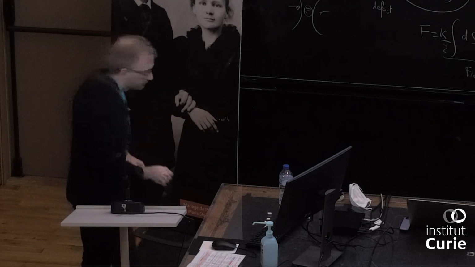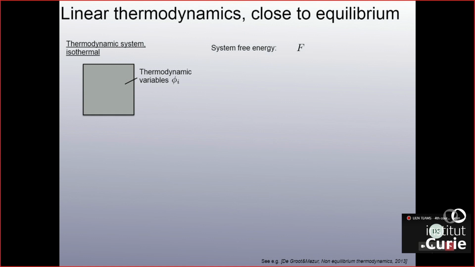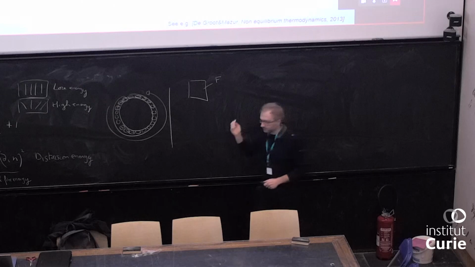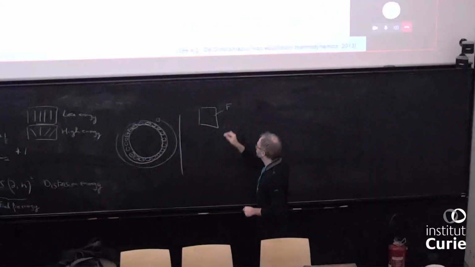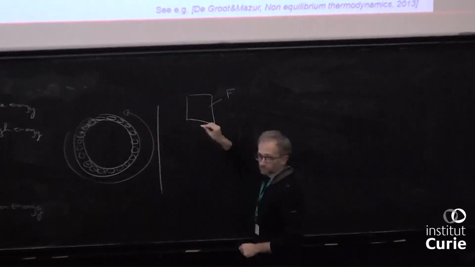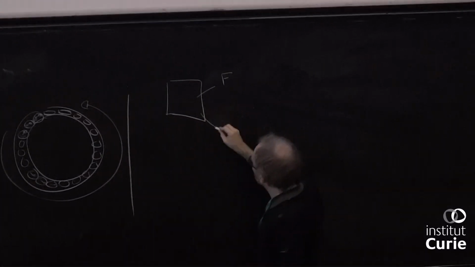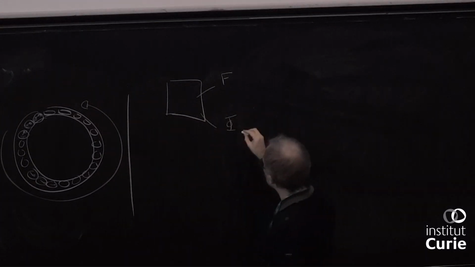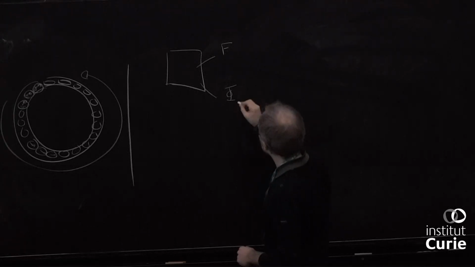So the idea, maybe I will do it on the board, actually. The idea is there is a thermodynamic system with a free energy. Okay, this system could be a gas, it could be a piece of living tissue, and there are a set of thermodynamic variables that describe the state of the system.